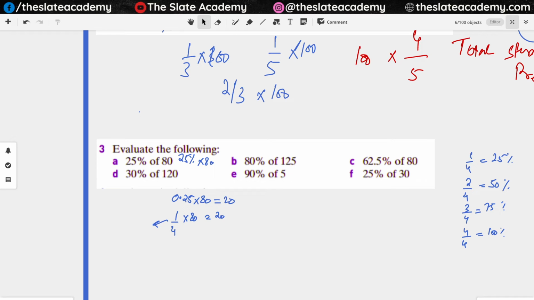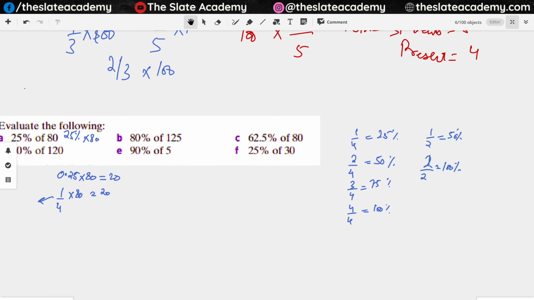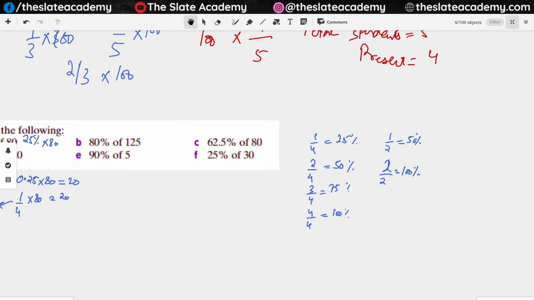If I give you a few more, for example, 1 out of 3 would be 33.33%. 2 out of 3 would be 66.67%. 3 out of 3 would obviously be 100%. So we have done 4.